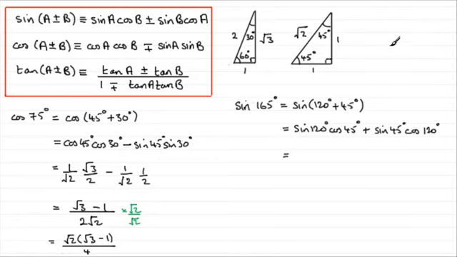Okay, now, so how can we get the sine of 120 degrees and the cosine of 120 degrees? Well, this is the good bit. What you could do is use the quadrant method, or you could draw the sine and cosine graphs, but I prefer to use the quadrant method. It's a lot quicker. Remember, with the quadrant method, if you're unfamiliar with this, just look this up on the website.